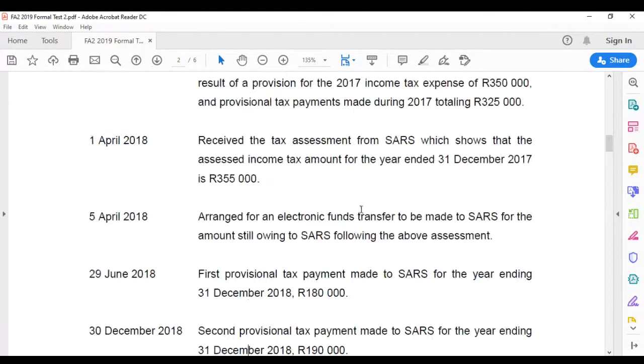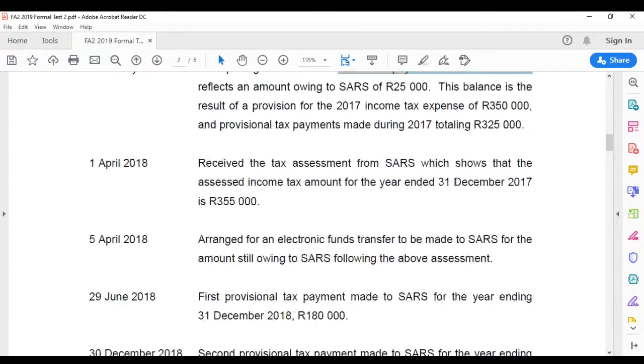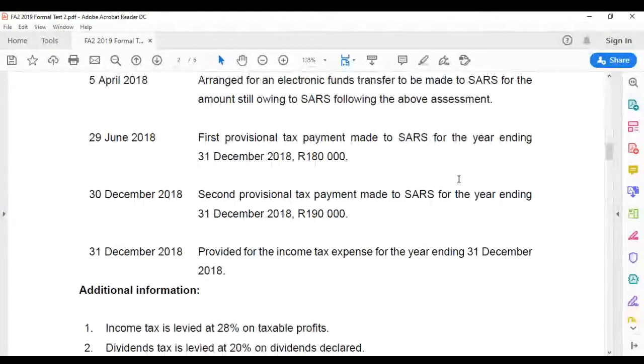So the account that you are going to be debiting is still current tax payable, income tax, right? So it is still a prepayment because we haven't finalized our accounts and our financial statements for the year yet. Which account are we going to credit? You've all typed that a few seconds ago. We are making a payment, so that means we are going to credit our bank account, right?